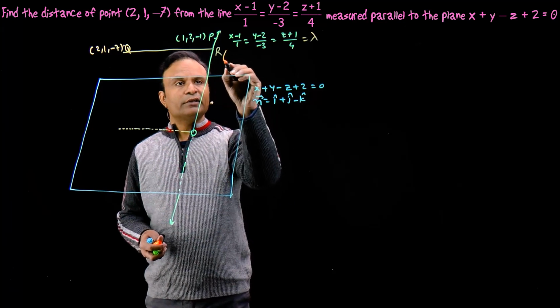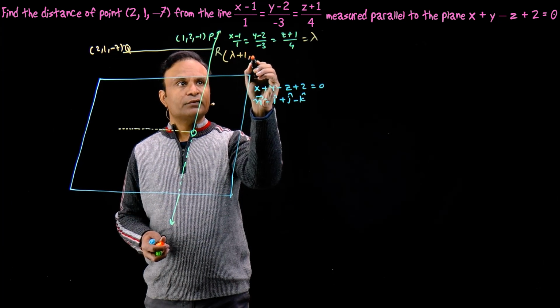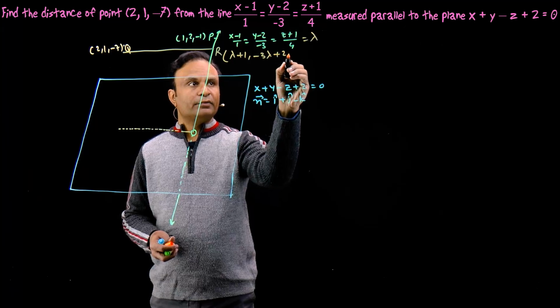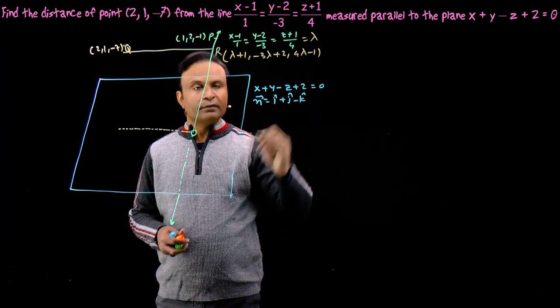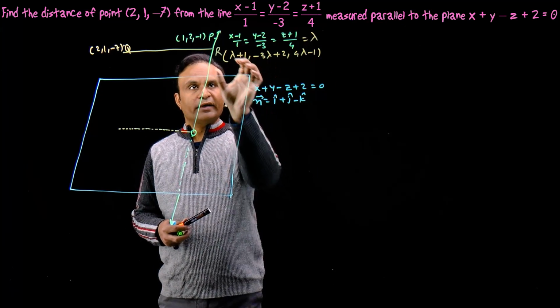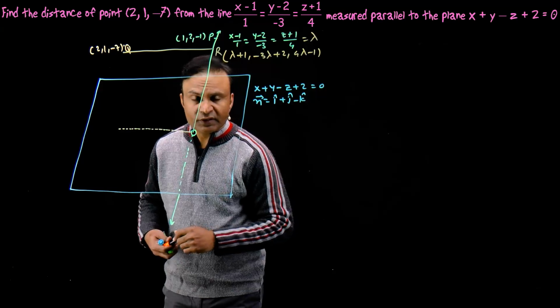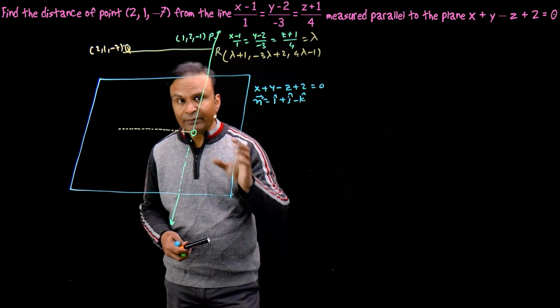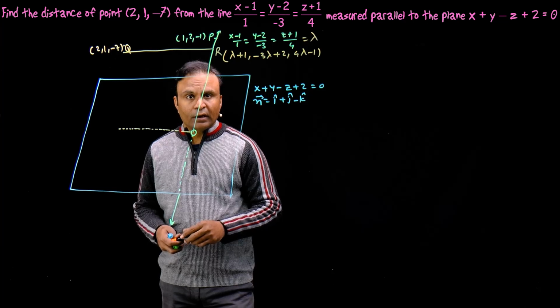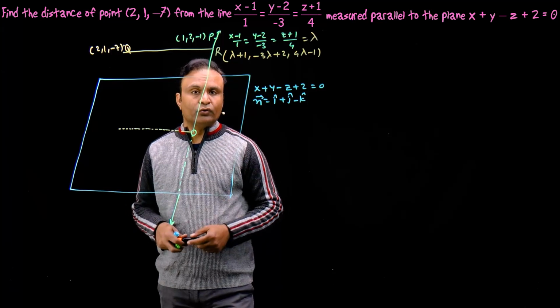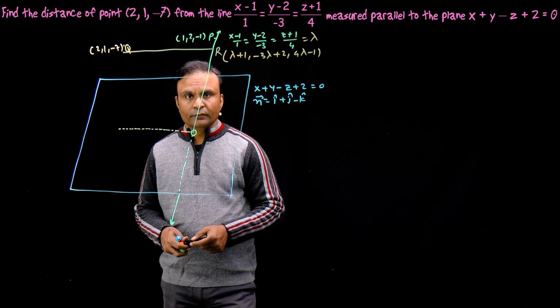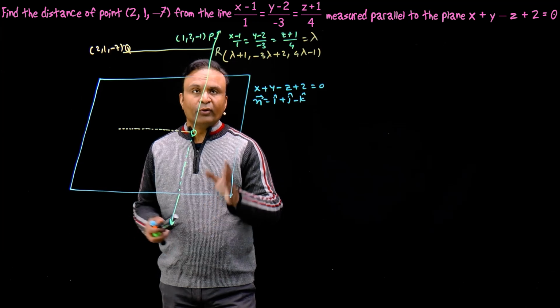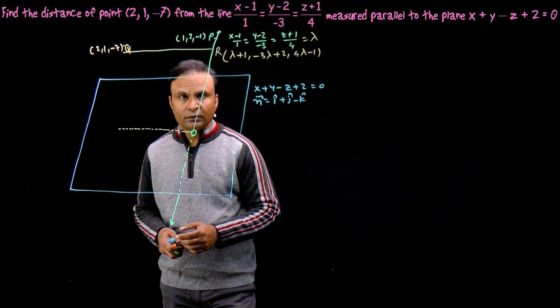So general point on the line is lambda plus 1, minus 3 lambda plus 2, 4 lambda minus 1. Suppose this point is R. That means for this point we have one unique value of lambda. How can we get this value of lambda? Now how point R is situated?